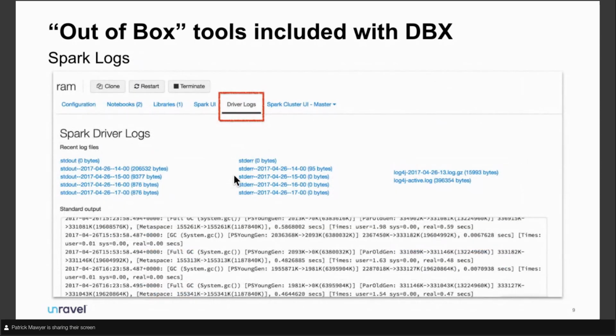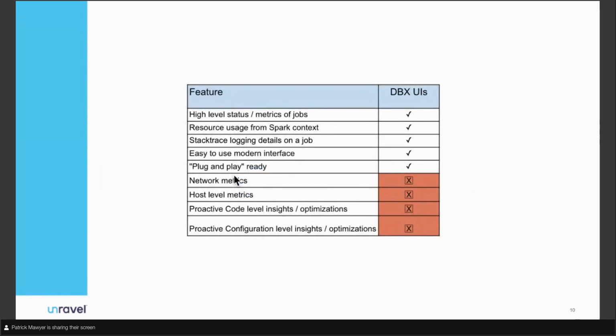Spark logs. In this case, I might want to go look at the logs for my jobs related to the driver, related to executors. This is my third interface where I'm collecting information. Now, when we take all of that together, we're covering job metrics, resource usage in the Spark context, and then there's our stack trace that we can get from logging.